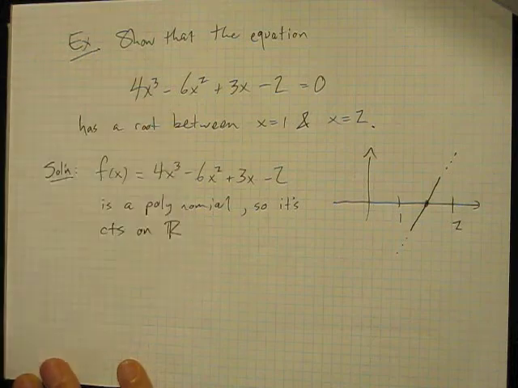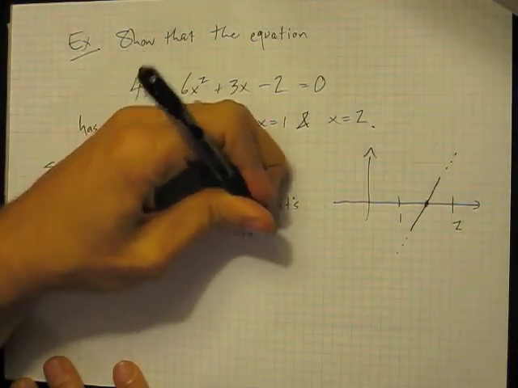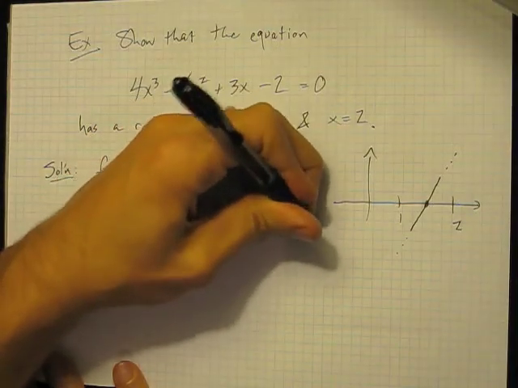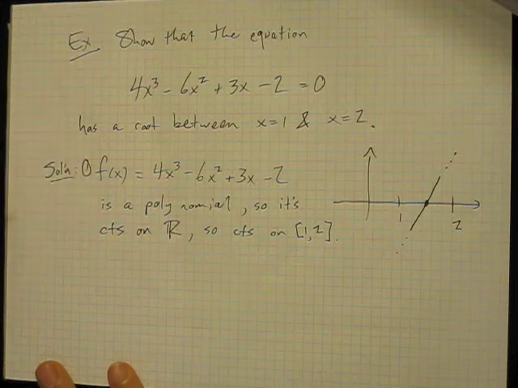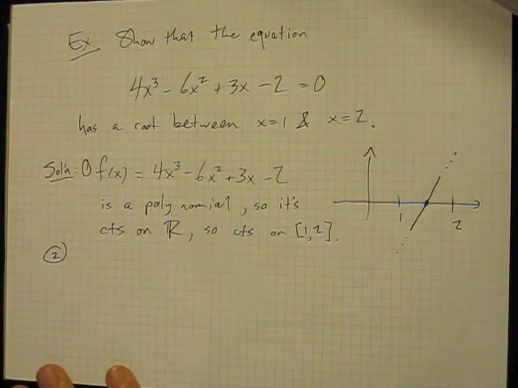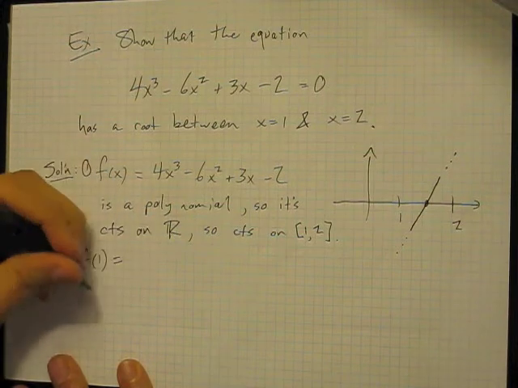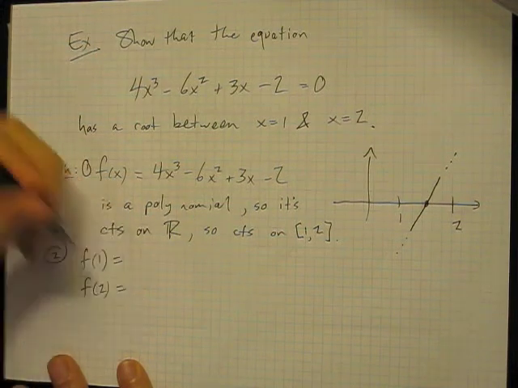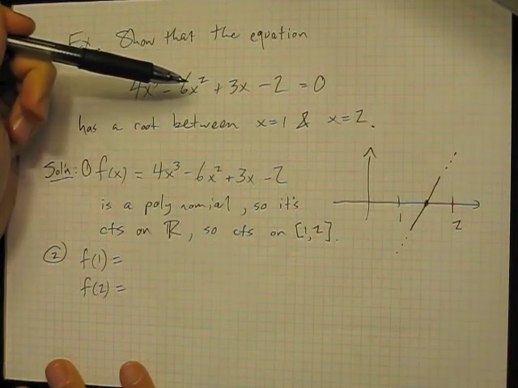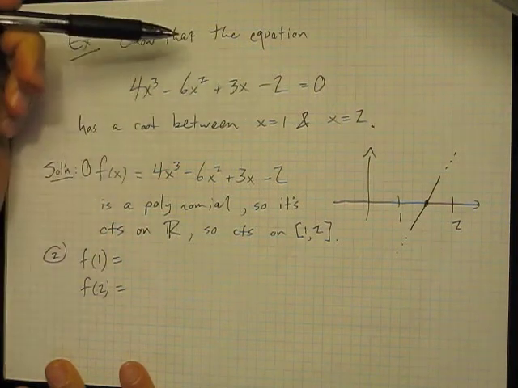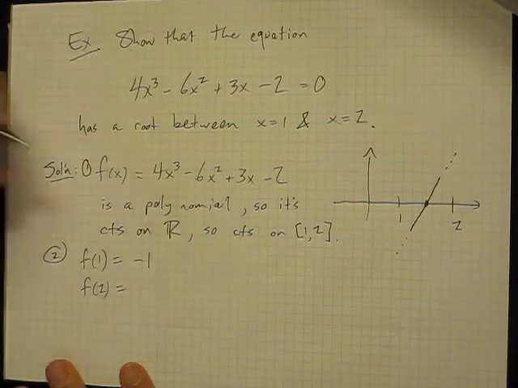It's continuous on all of R, but in particular, it's continuous on the interval from 1 to 2. That's observation 1. Observation 2 is that f of 1 is equal to, well, we have to do a little bit of calculation. If I plug a 1 in here, I get 4 minus 6, that's minus 2, minus another 2 is minus 4, plus 3. So minus 4 plus 3 is minus 1.